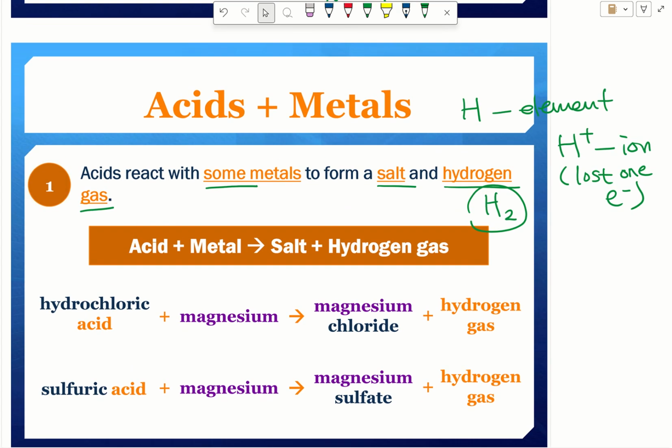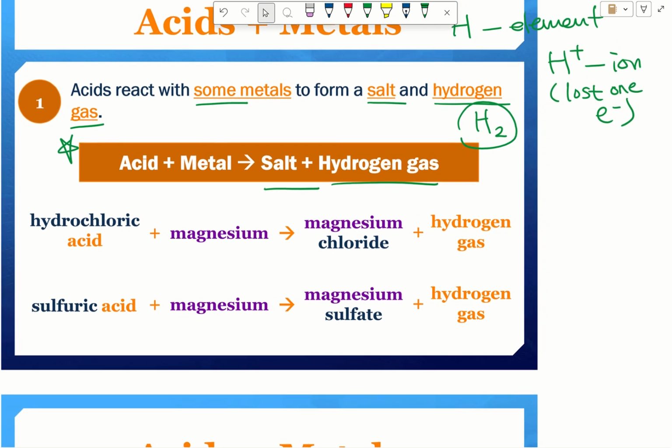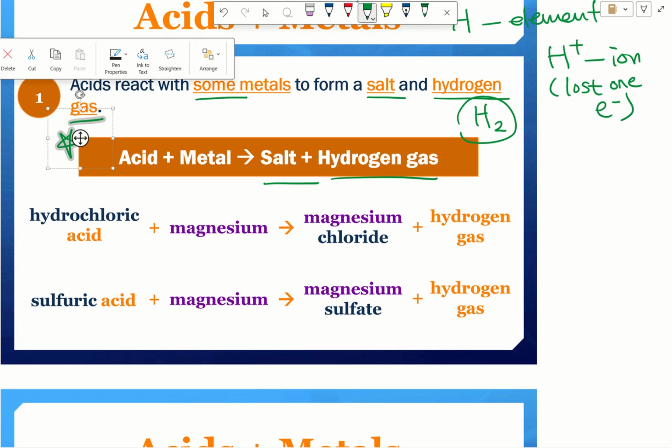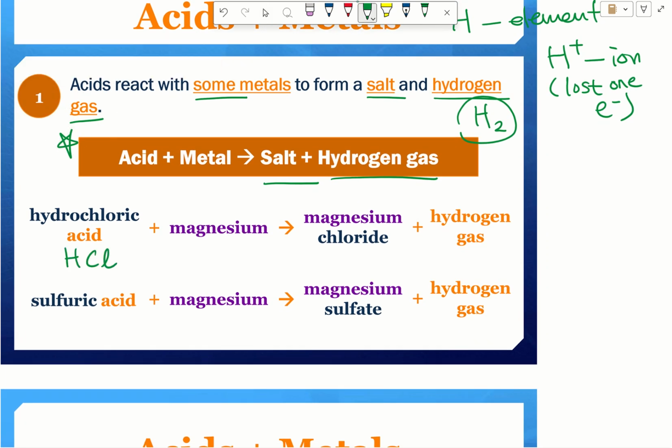So acid plus metal will produce salt and hydrogen gas. This is an important general chemical reaction that you need to know when acid is added to metal. The first word equation is hydrochloric acid, which is HCl, added to magnesium, and it will form magnesium chloride and hydrogen gas.